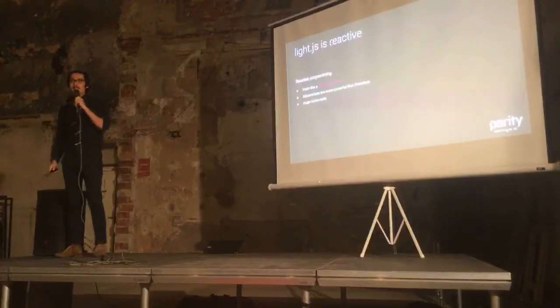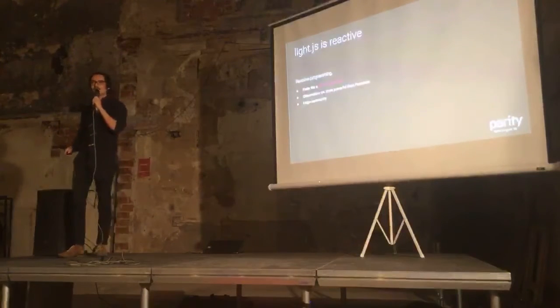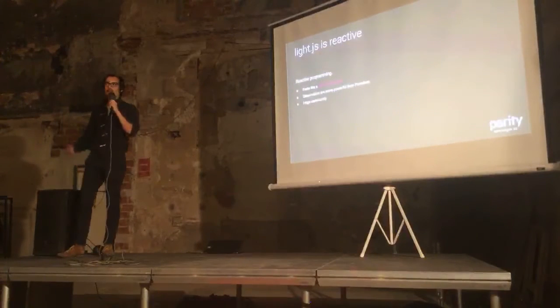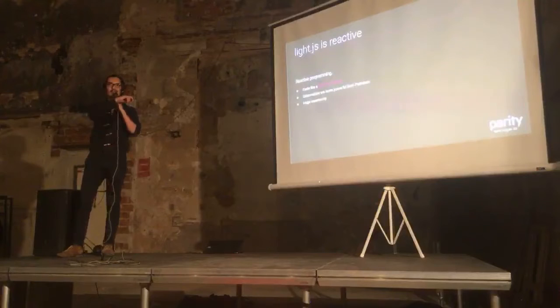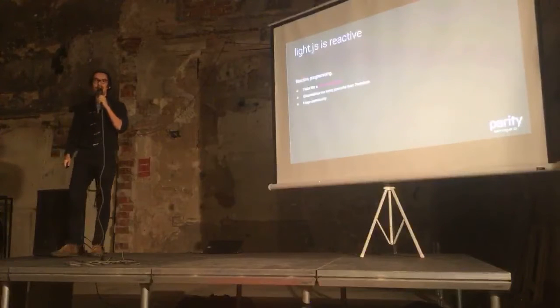Light.js is reactive. Reactive programming is a pattern or style of programming where you work with streams of data. If you imagine a line that represents time, you have events that happen on the stream.